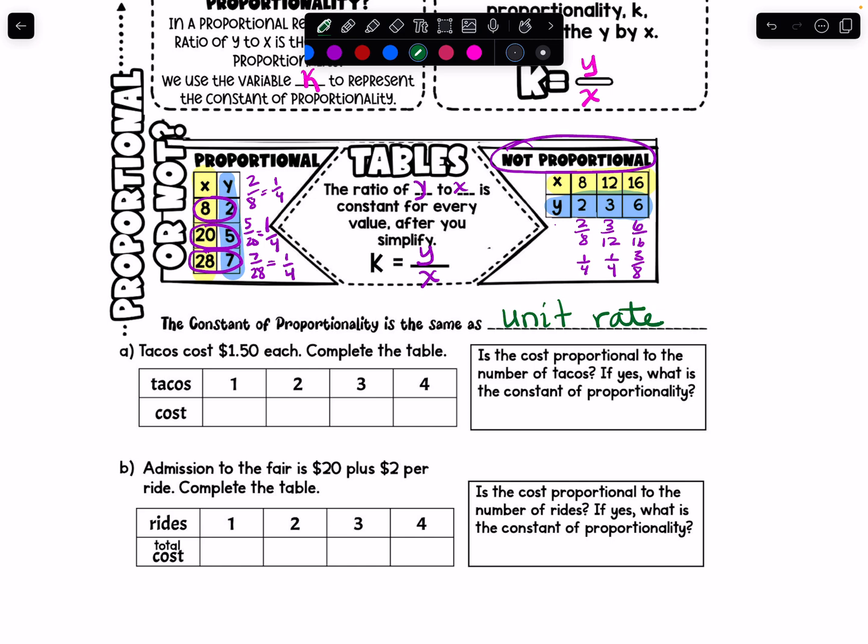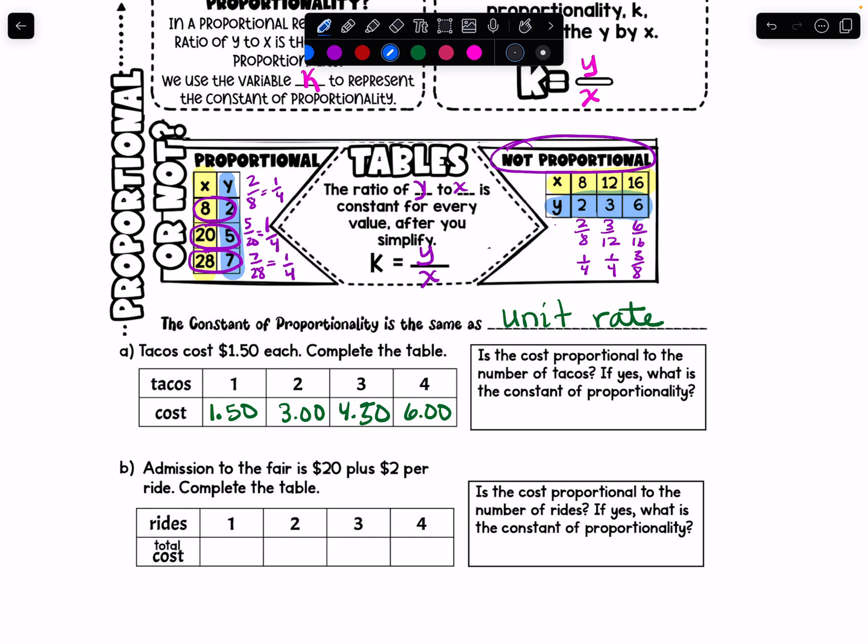All right, so there are a couple of situations here that we are going to complete a table for. The first one says tacos cost $1.50 each. So that means one taco is $1.50, and 2 tacos would be $1.50 times 2, and 3 tacos would be $1.50 times 3. And 4 tacos would be $1.50 times 4. Question: is the cost proportional to the number of tacos?